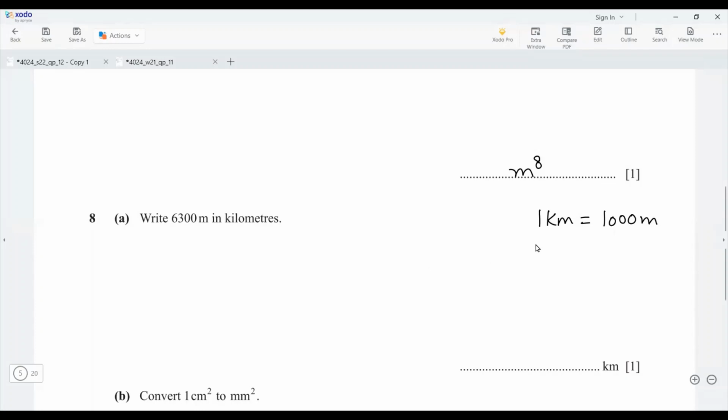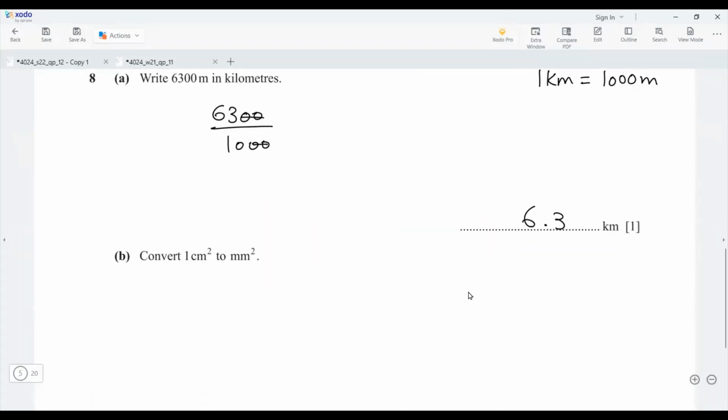For conversion from a smaller to a bigger unit, we have to divide by the conversion factor. So we have to divide 6300 by 1000. Cut down the zeros, and 63 over 10, shift the decimal towards the left. That is 6.3 kilometers, which is equal to 6300 meters.